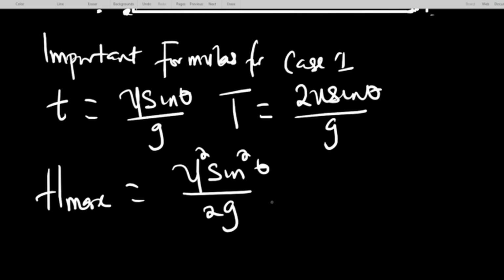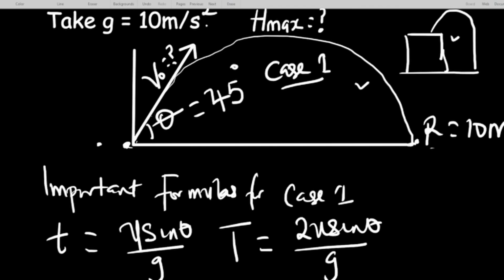Now, the next one that you need to know is the range. The range is simply the maximum horizontal distance from the point of projection until it falls to the ground. The distance between the point of projection until it lands is called the range. While the maximum height is the peak of the trajectory. This point here is the maximum height.